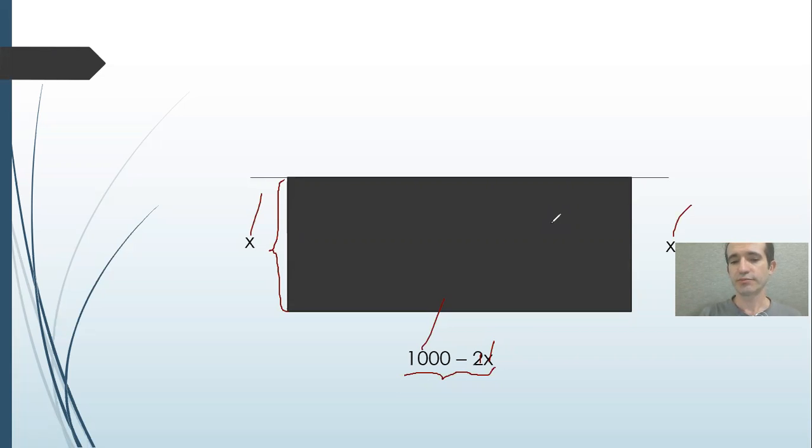Doing so, we get the measures of our rectangle shape, and it's important to remember that you don't need to fence this side because we have the house on that side, right? Let's move on.